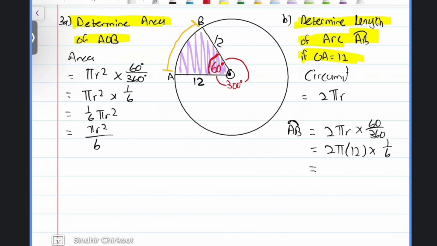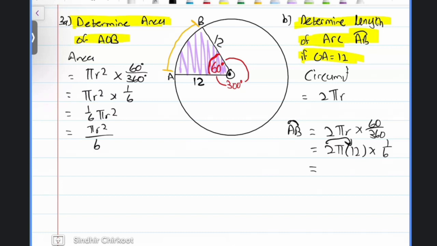So what we're going to have from here, simple stuff. We know that obviously you can do it like this. It really depends on how you want to sort this out. I will just do it like this. I'll say that 12 goes into 6 2 times. So basically I have it as 2 pi times 2 over 1. But if you don't want to do it like that, there are other ways for you to do this. I'll do it maybe in the second way, which is normally the easier way for you guys.